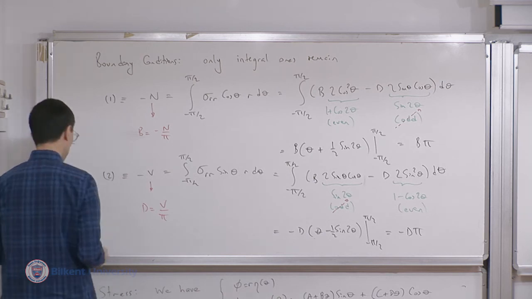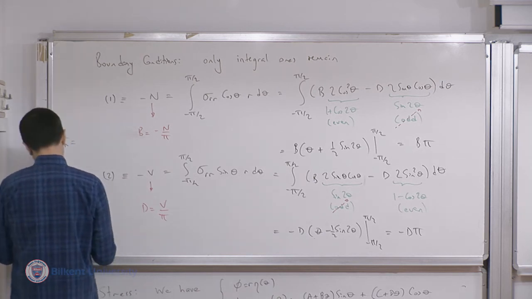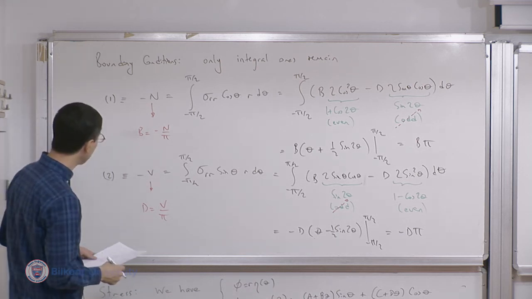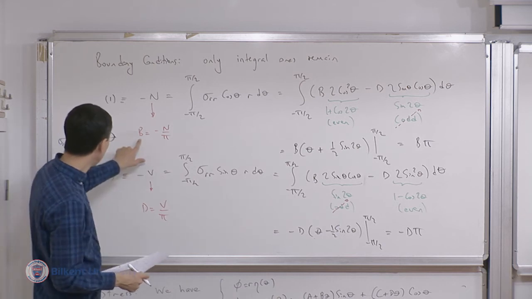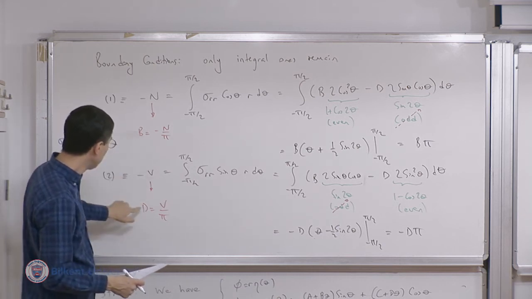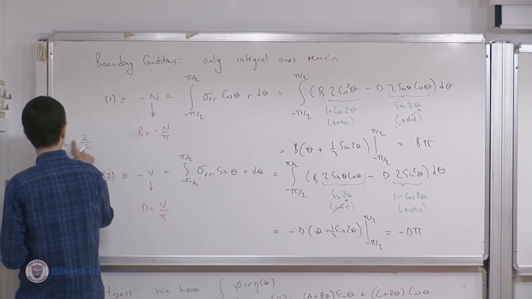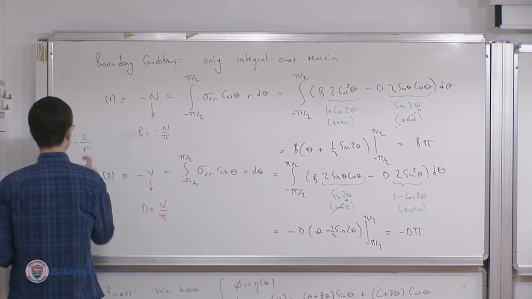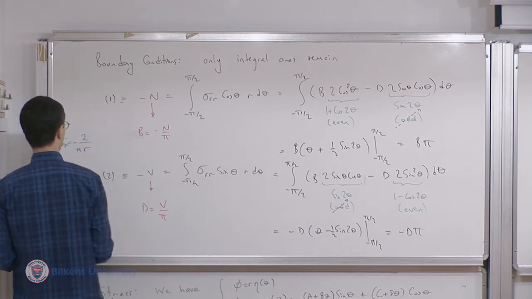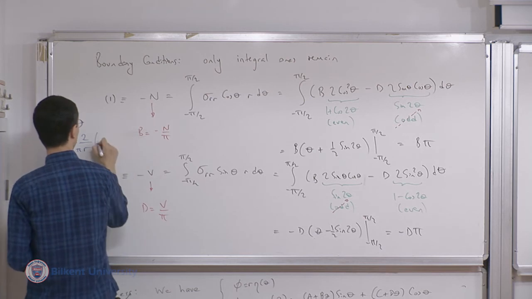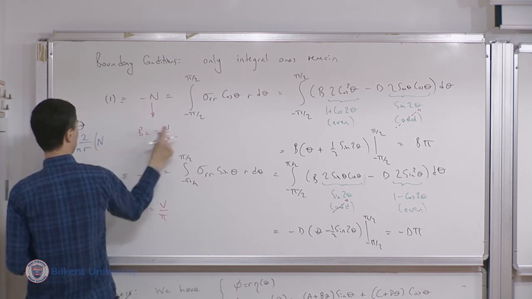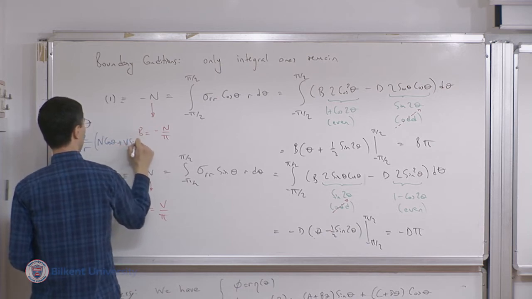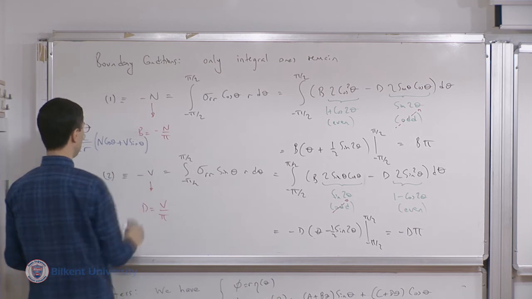Sigma RR was equal to 2 over πr, right? B cosine theta minus D sine theta. So the minus I will take outside. And there is a common pi here. I'm also going to take that outside. Okay? And b cosine theta multiplies N plus V sine theta.